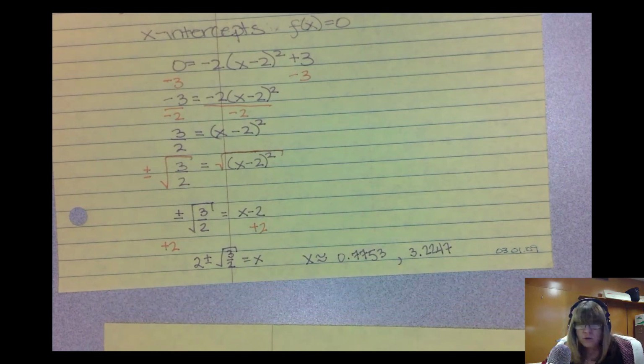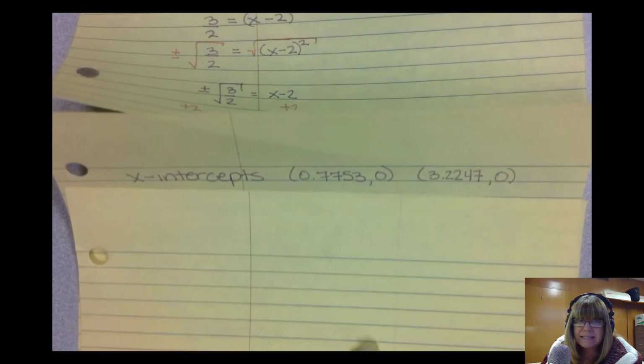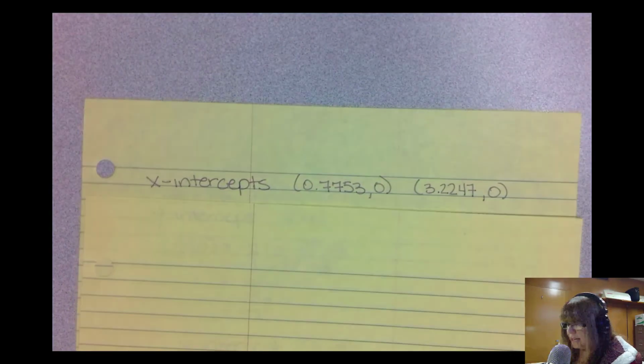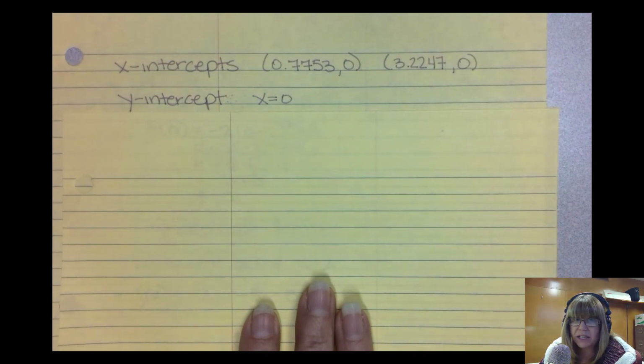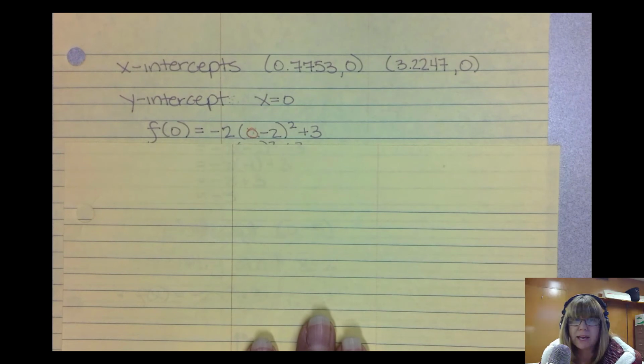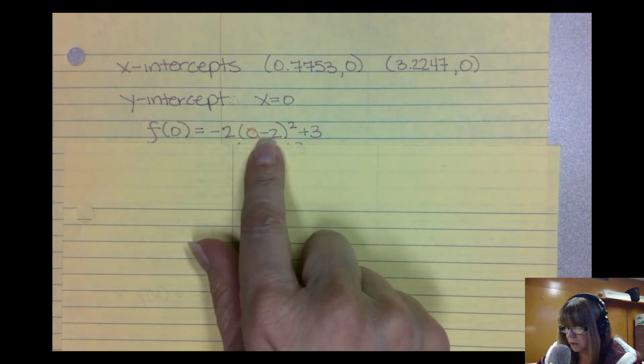All right, so I do know my x-intercepts. My next step is to find my y-intercept. That's when our x value equals 0. So in my function, I'm going to throw in a 0, and I'm going to see what's going to happen. Okay, 0 minus 2 is negative 2.